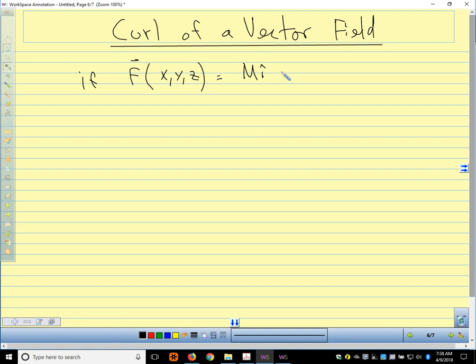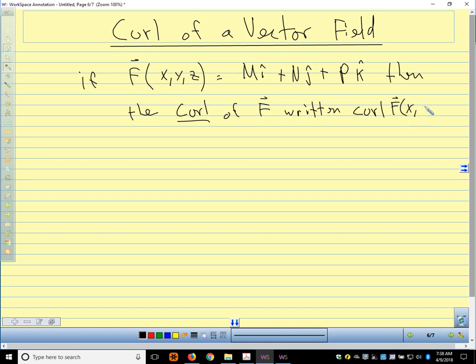So we have M i hat plus N j hat plus P k hat. Then the curl of f, and we write curl of f equals del cross f.